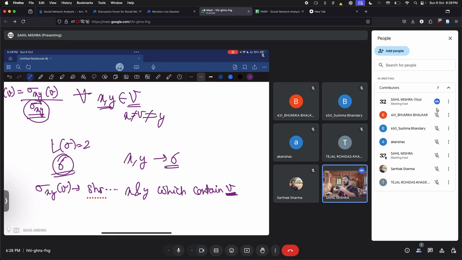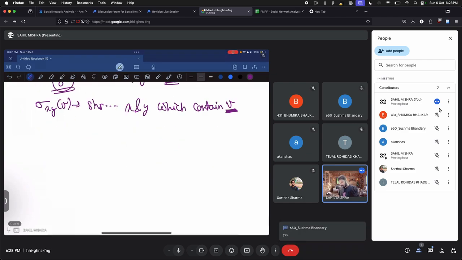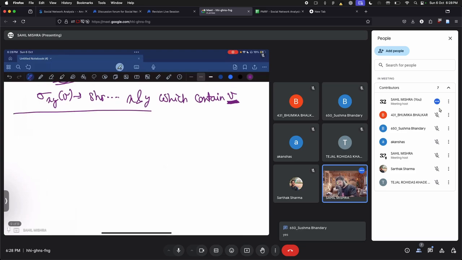You will have to take longer paths which must pass through v to compute this betweenness centrality. Getting it? Cool. Yeah, that's how you compute this.